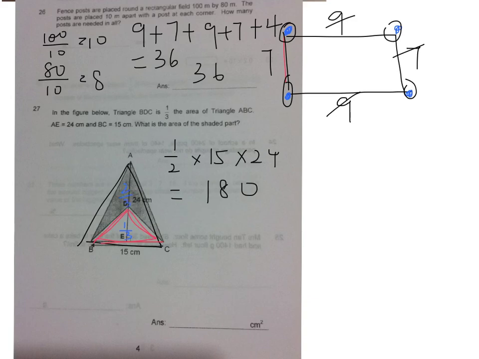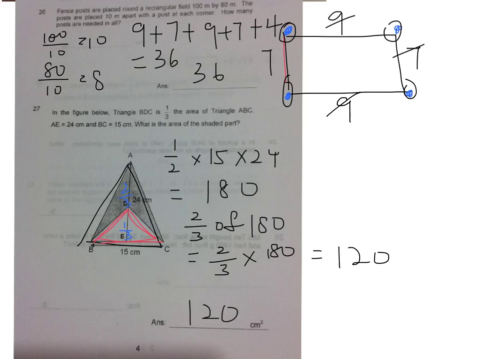So we are actually finding out what is 2/3 of 180, equals 2/3 times 180. So our final answer is 120. So question 27, our answer is 120.